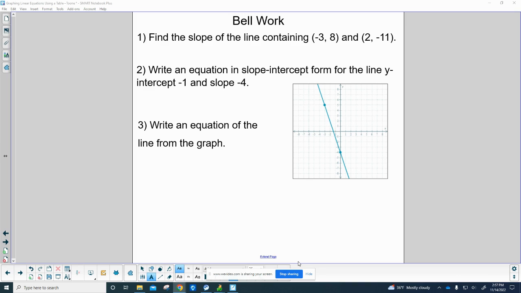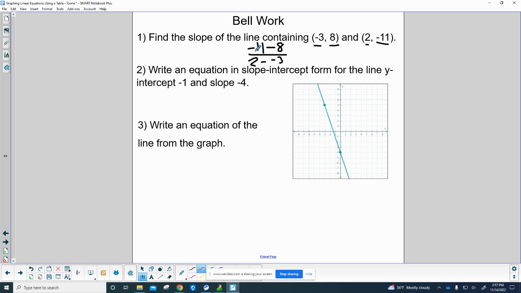So let's go ahead and use the slope formula. If you recall, the slope formula just basically said y2 minus y1, so -11 subtract 8, and all of that would be on top of x2 minus x1, so 2 minus -3.